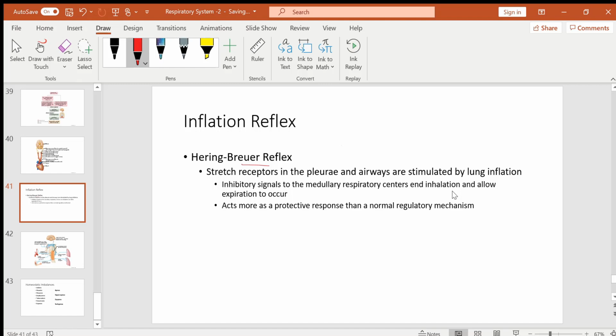So that is the Hering-Breuer reflex, and that is happening 24 hours, right? Now, if that reflex doesn't work, then the lung will keep expanding, and that can cause the destruction of the alveoli.